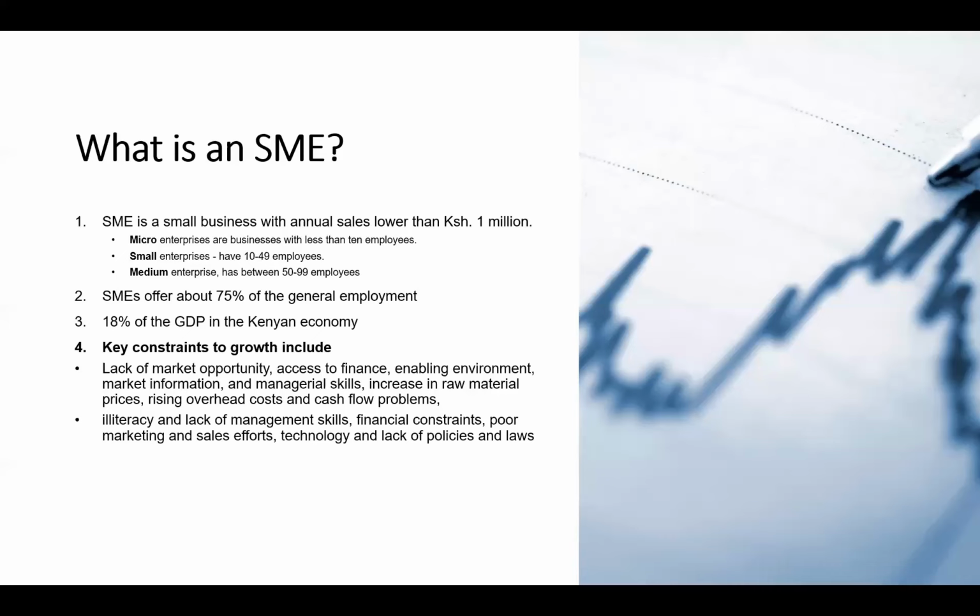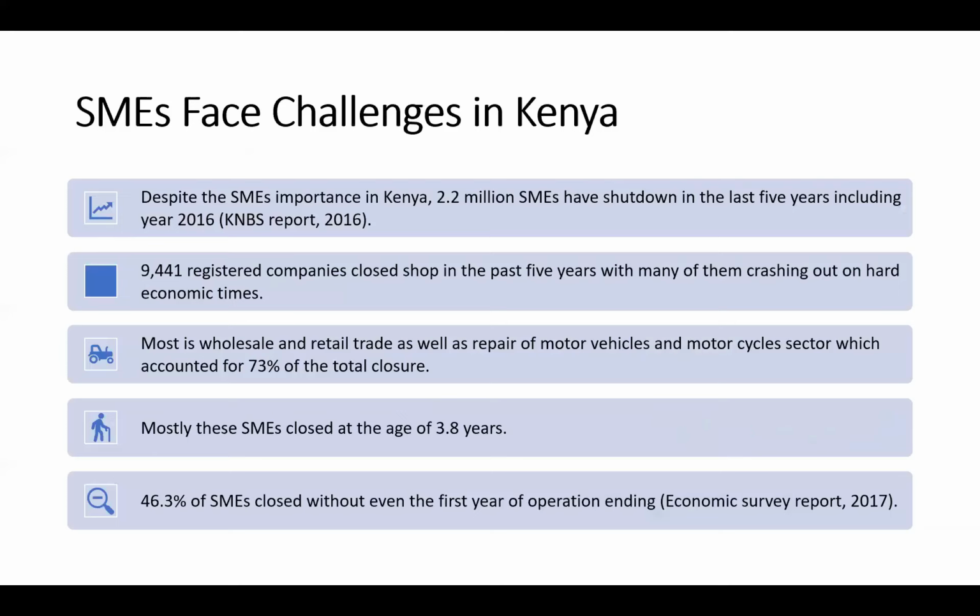So the topic we're discussing today is very timely for the SMEs and even the non-profits we're talking about. This is the news that appeared in the papers a couple of months ago, that despite the SMEs contributing almost creating all those levels of employment, 2.2 million SMEs shut down in the last 5 years. And I'm talking of 2.2 million SMEs.